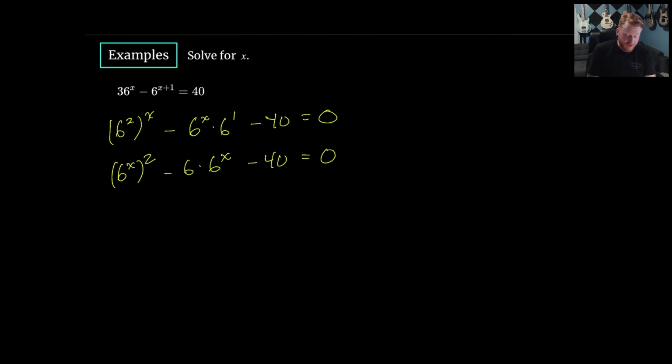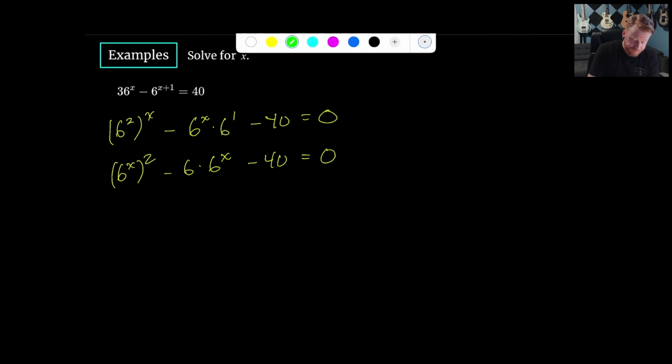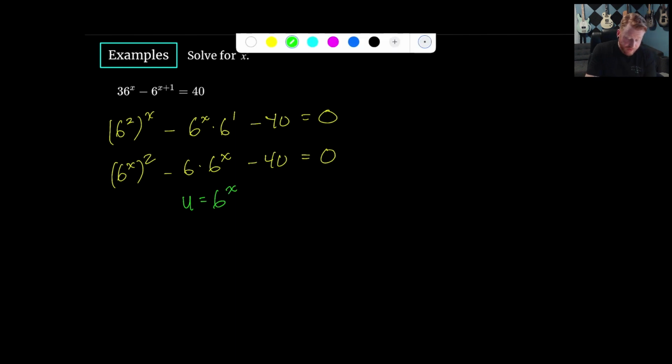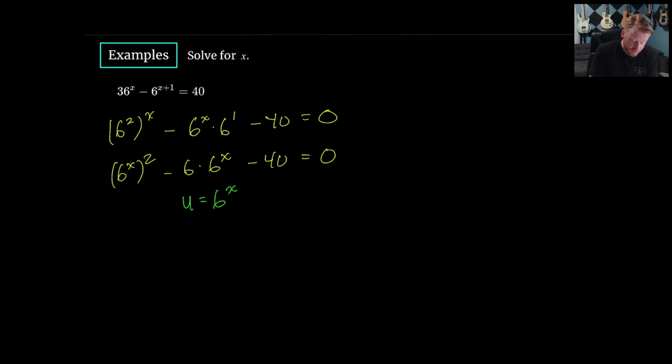Now we have something that is in some quadratic form here. So I could make my substitution and say, okay, let u equal 6 to the x, and then I can come back and rewrite this as u squared minus 6u minus 40 equals 0.